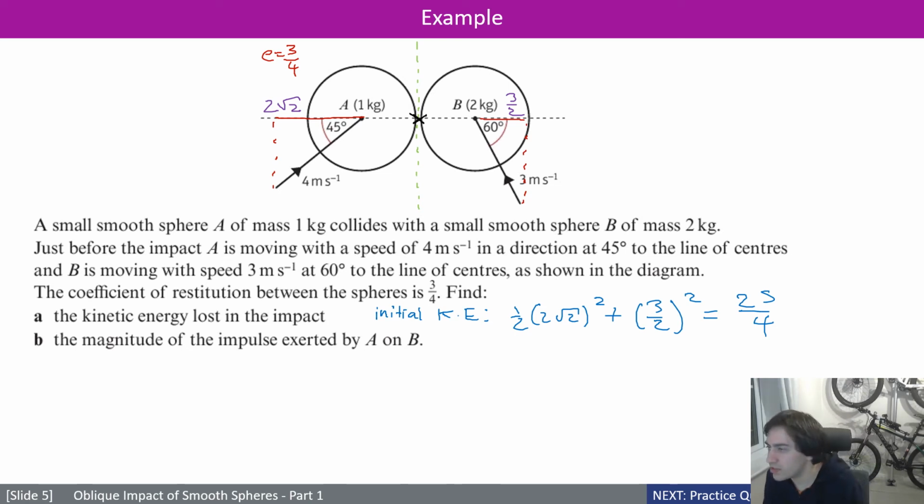Okay, so that's our initial kinetic energy in the horizontal direction. Let's just make that clear, horizontally only. So there's actually more energy in the system, but that's what's going on horizontally.